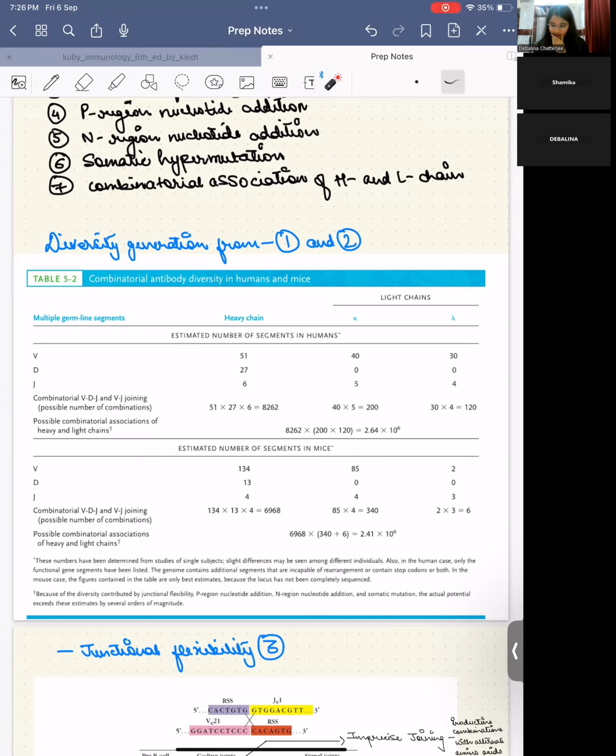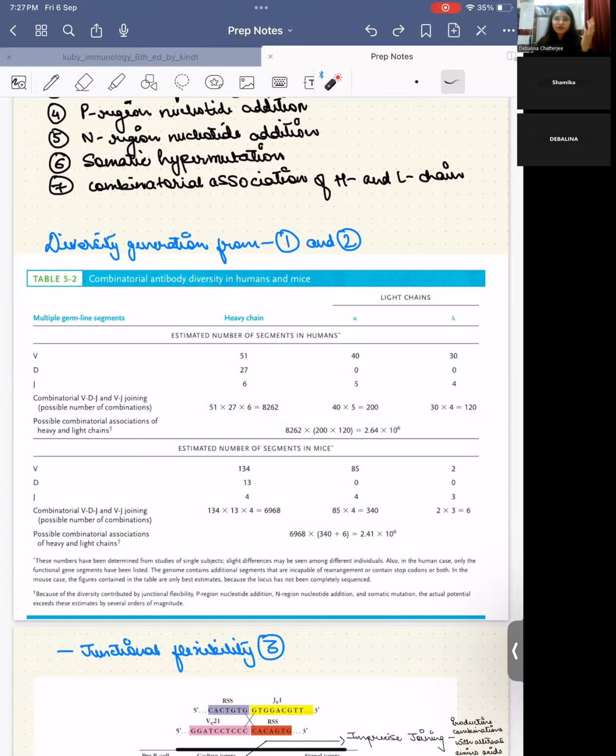Similarly, if it is a kappa chain that comes in, these many different types of kappa chains can form, and these many types of lambda chains can form, and then the number of types of antibody that can form. So we can have these many different heavy chain molecules joining to this many kappa chains, and also joining to these many lambda chains, because it's equally likely.